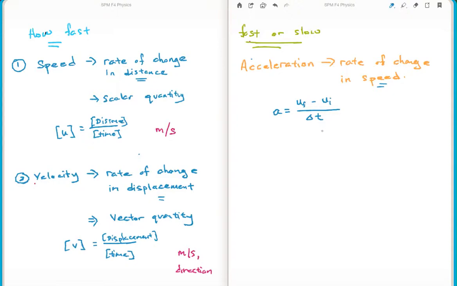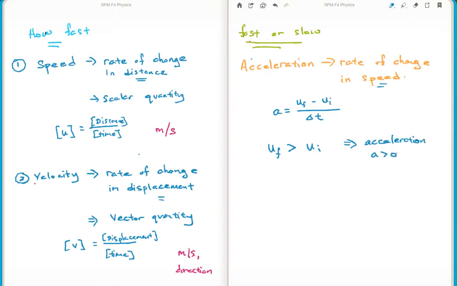So in this case, if my final velocity is greater than initial velocity, what do you get? You get a positive number. Therefore, you will say this object is accelerating, because A will be greater than 0.